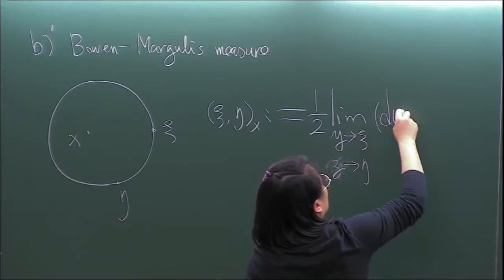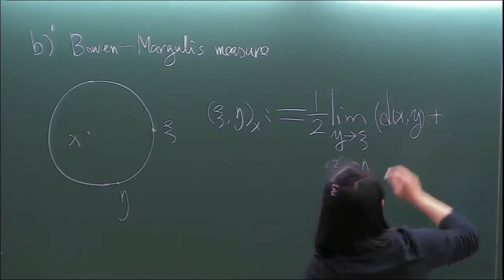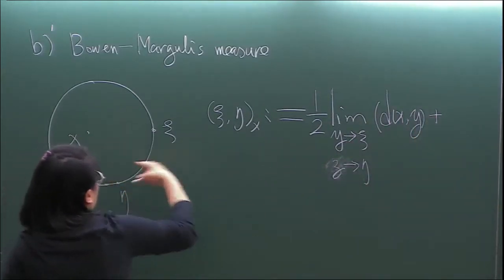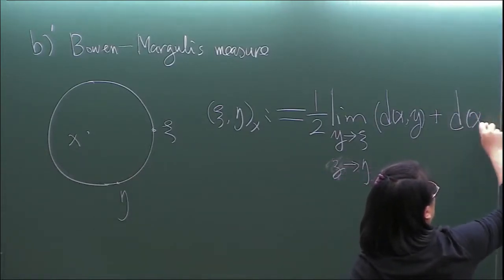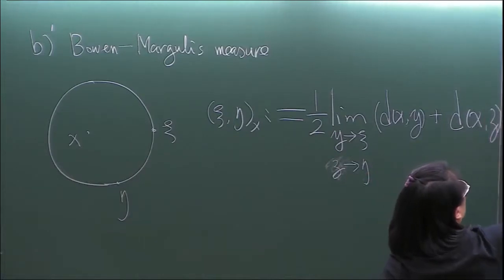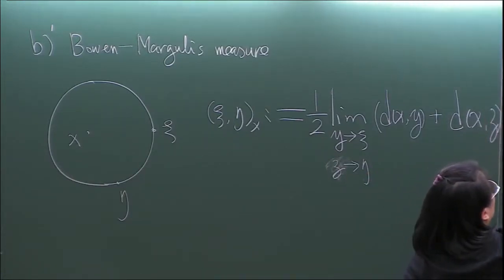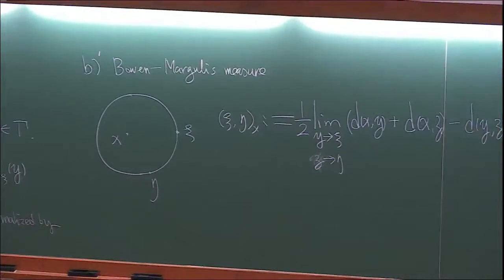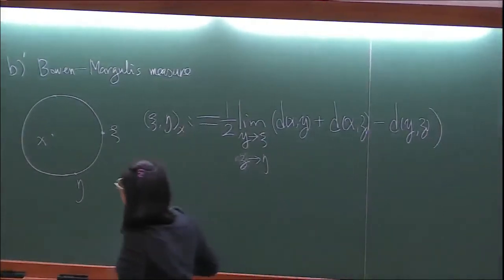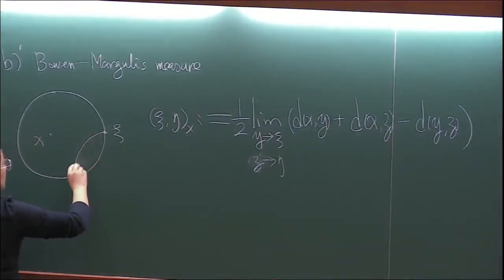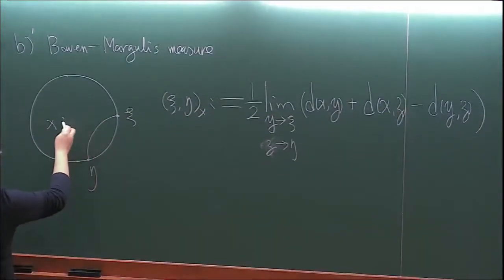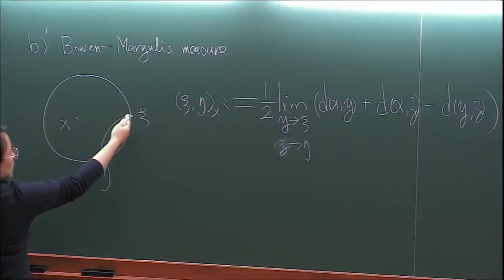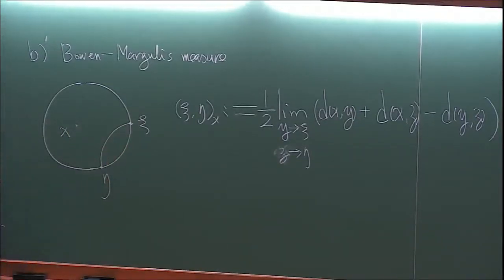So let me finish it first. I dx z then minus dz. Okay, this one. So that means the geometric meaning is more or less the distance from x to the geodesic of this eta and xi.